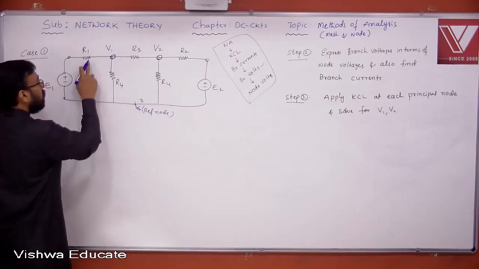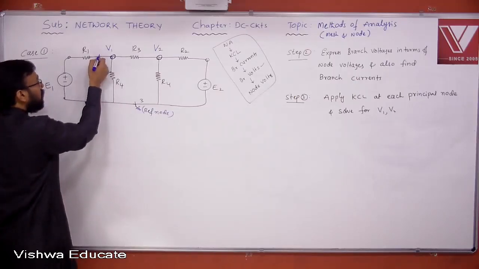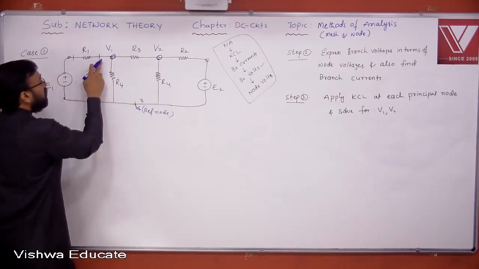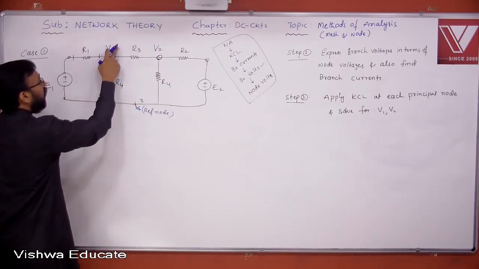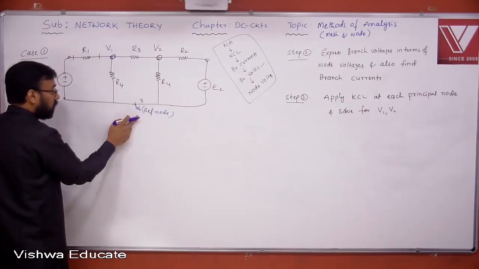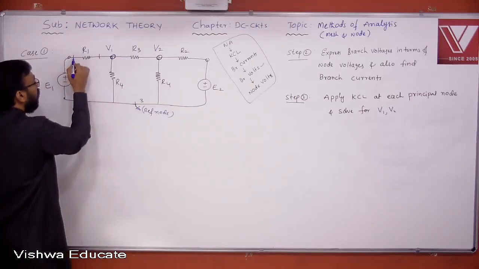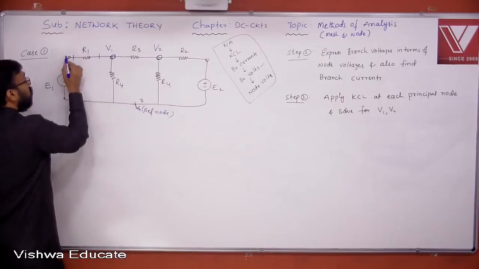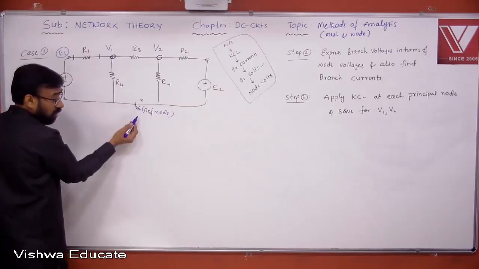Yes, there is a resistor, right? Find the potential difference across it. Where is this particular terminal operating? At V1 with respect to the reference node. Where is the other terminal operating? At E1, because this is 0. If this is 0, this is going to be E1, with respect to the reference node.